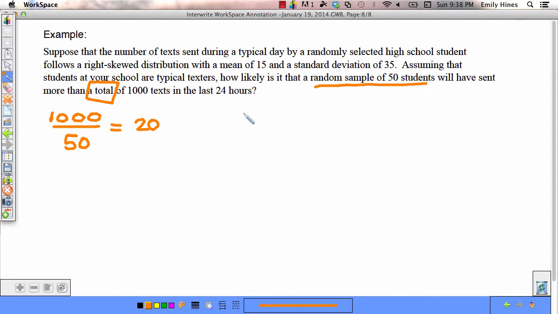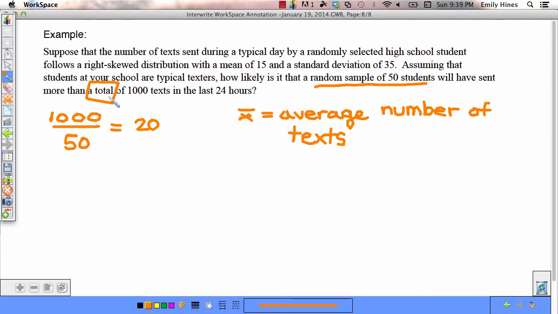So what I'm going to say here is let X bar be the average number of texts sent by a student. Because we're working with X bars anyway, and total is not going to give me X bars.